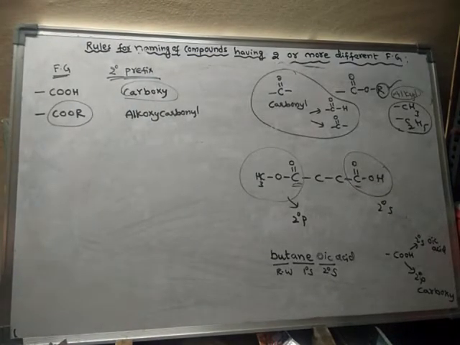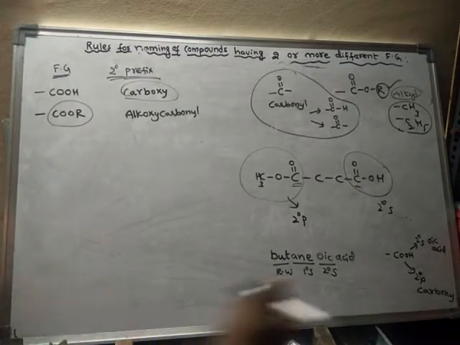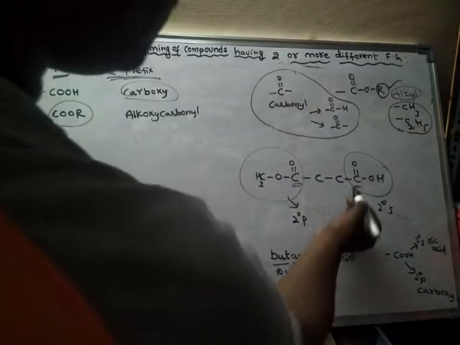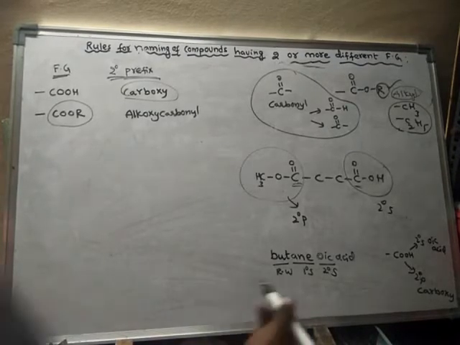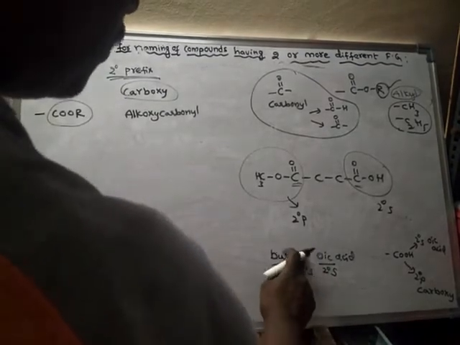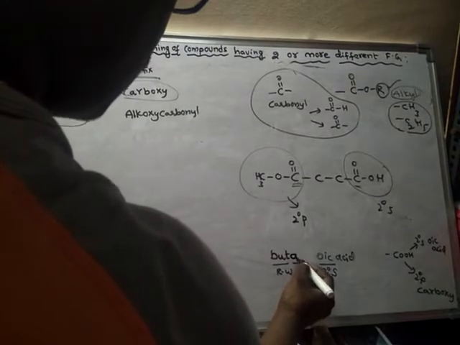But here in this case COOH is not acting as a secondary prefix. It is acting as the secondary suffix because this is the most important functional group, the main functional group. Right? Now the E is removed. So butanoic acid.